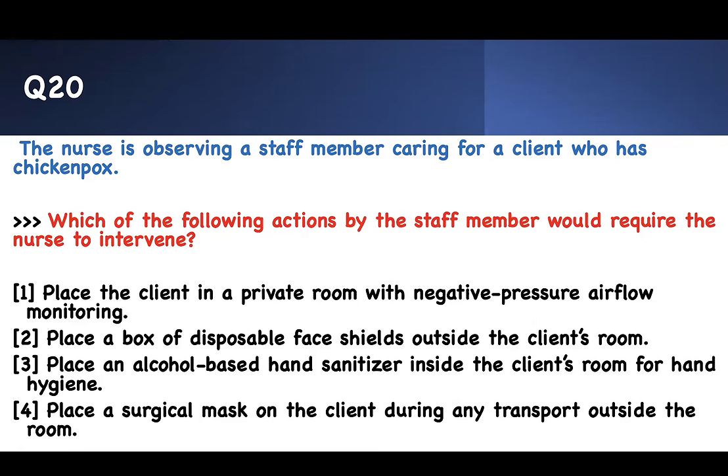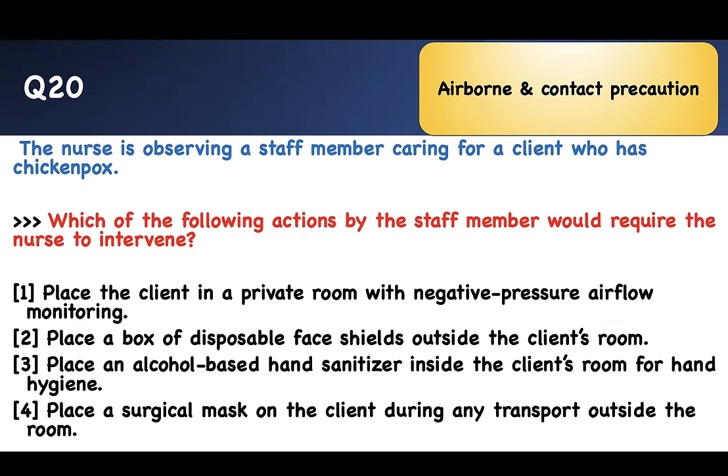You can use it in contact if you're touching the patient and you're washing the wound and there's a risk of splash, but it's not enough for airborne and contact. Alcohol can be used for what? Hand sanitizer for what? Hand hygiene is okay. Place a surgical mask on the client when they leave their negative airflow pressure room is acceptable. Therefore, number 2 is the right answer.